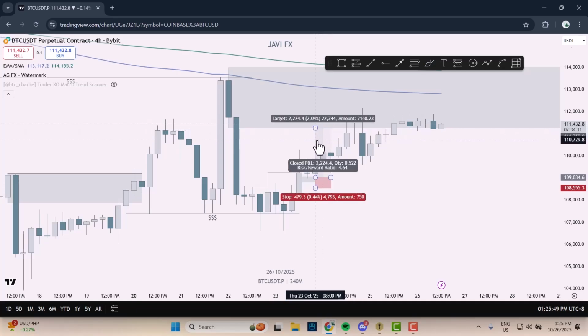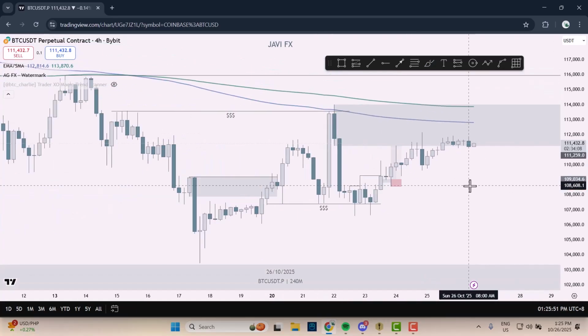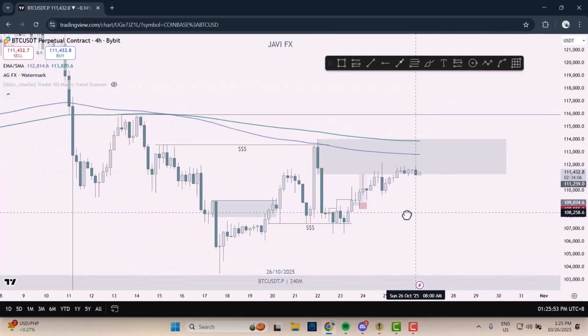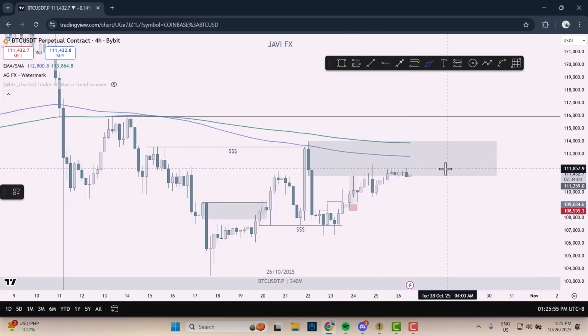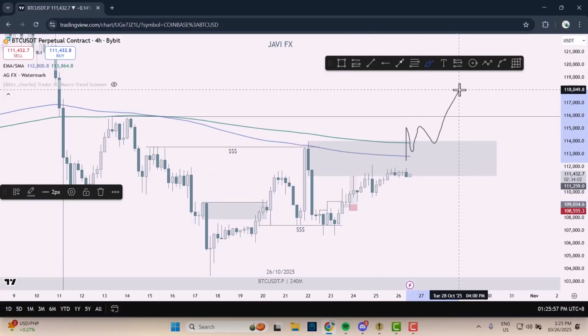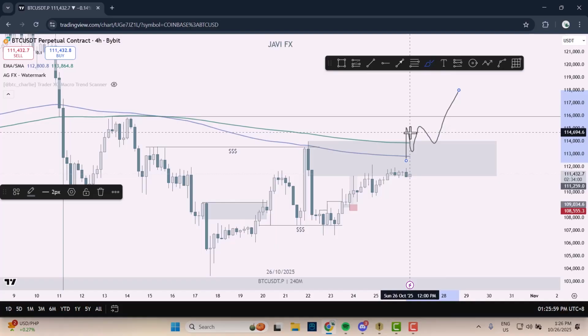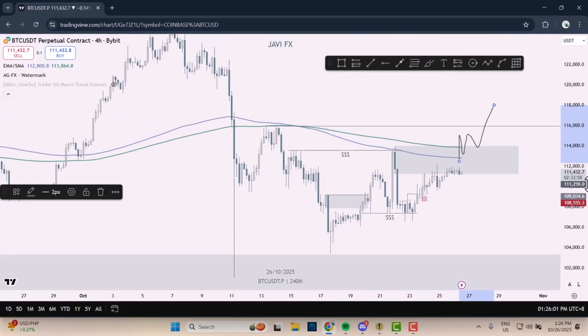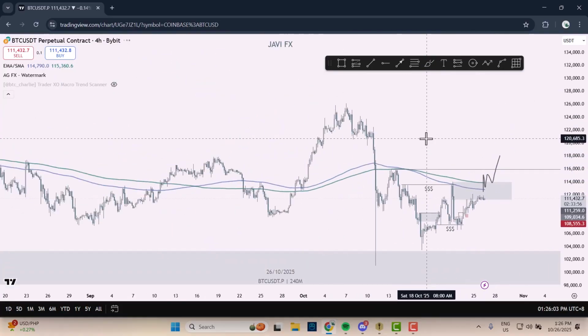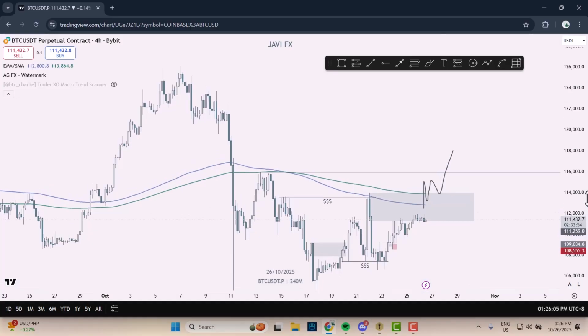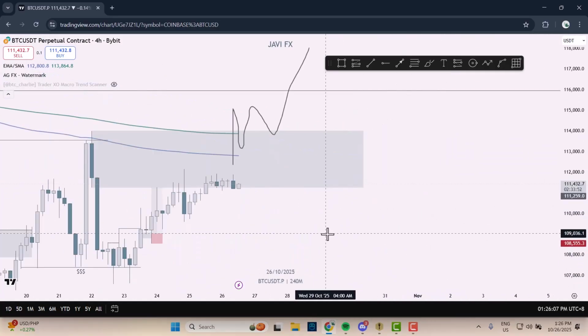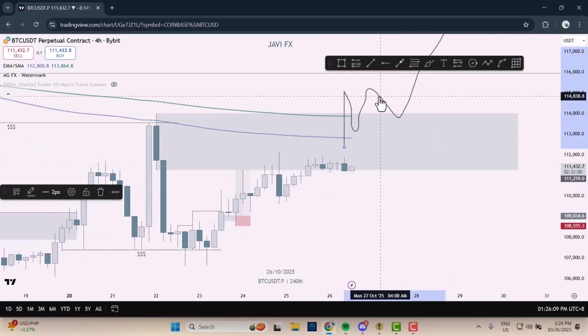What is this? 2% move? Yeah. So if not, then you can just sit this out, wait for price to start reclaiming some bullish levels, and that's when you strike. If that's what you want to do, that's fine. If you want to play the game, then that's also fine, right?